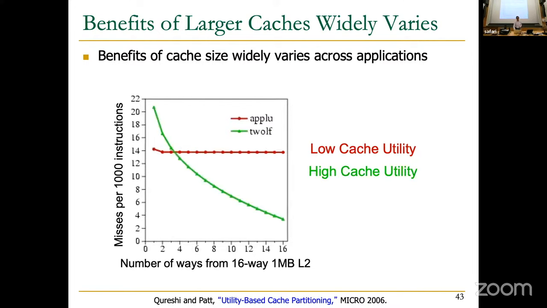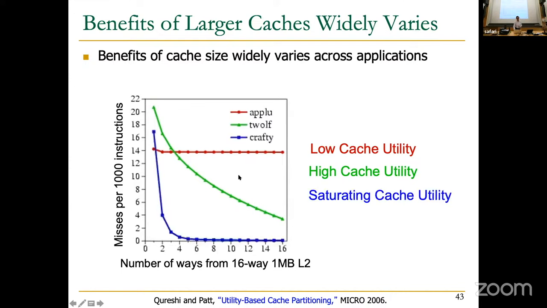Another application, you're increasing the cache size from 1/16 megabyte to 1 megabyte, 16x, and you see that there's a huge decrease in the cache miss rate. So this is an application that benefits a lot. And another application, you can see that after you increase the cache size by about 5x or 6x, you don't get any benefit because your miss rate is almost zero.